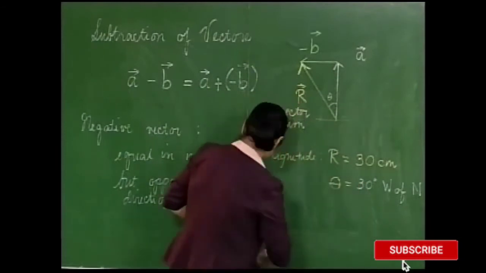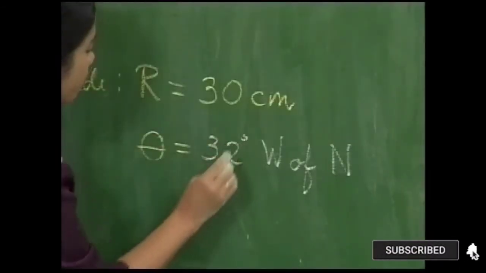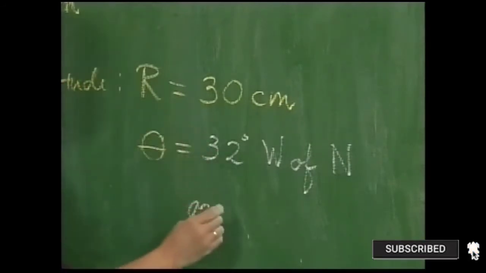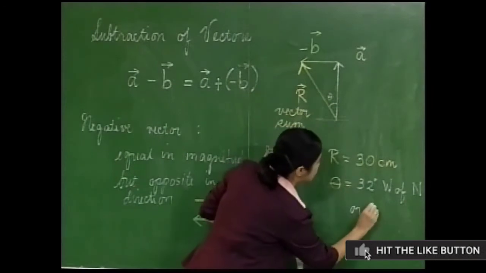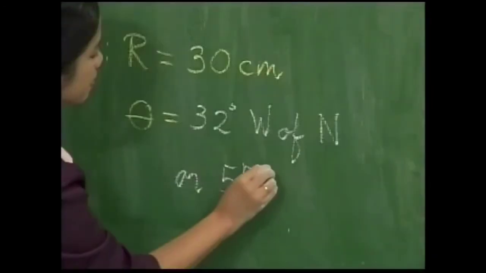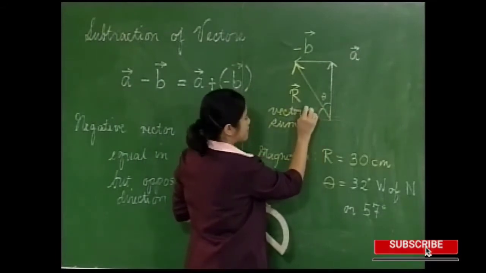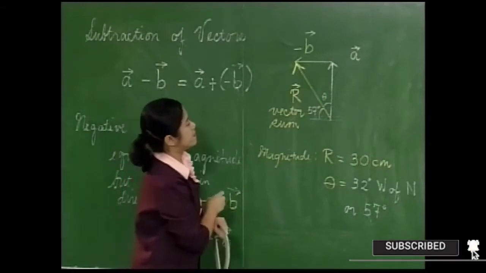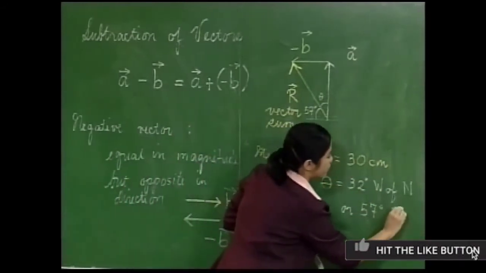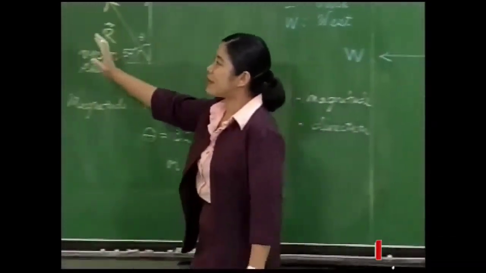This is around 32 degrees west of north, or 57 degrees. This angle is 57 degrees north of west. This is how you subtract vectors.